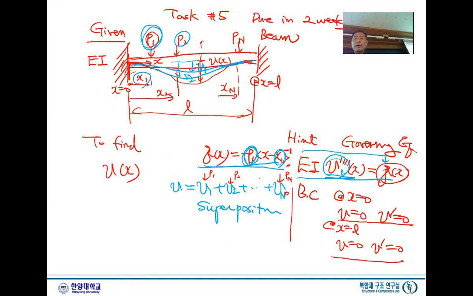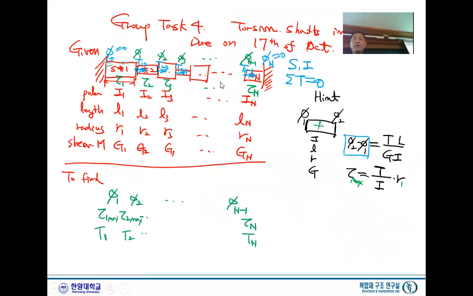And then from this task 4, you would have a 10-minute video and upload it to YouTube. Okay? So next week, we will review your video, each group in class, and watch it.